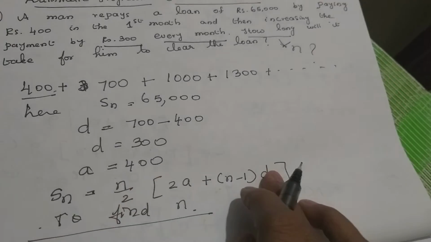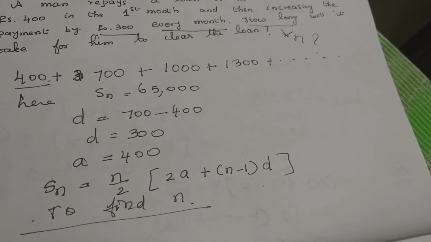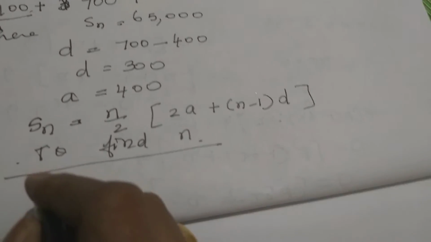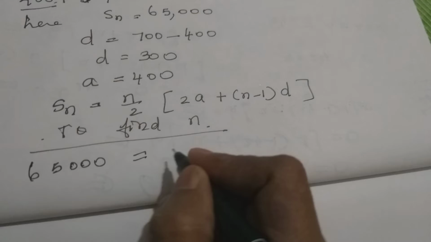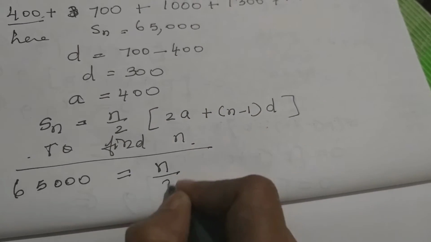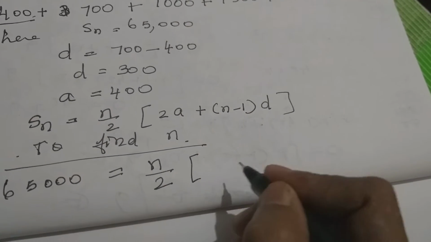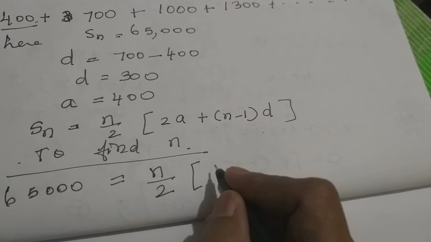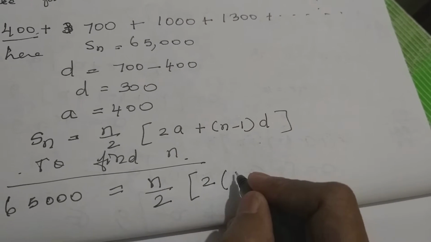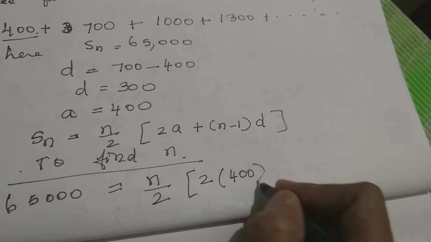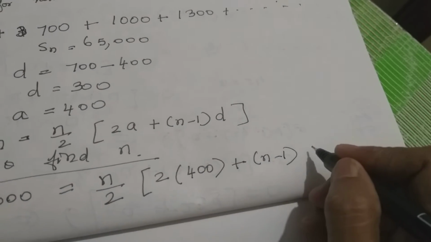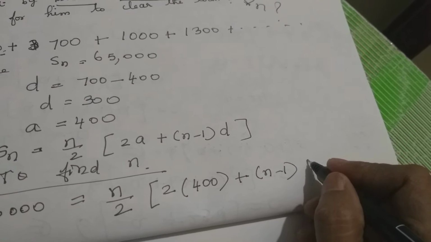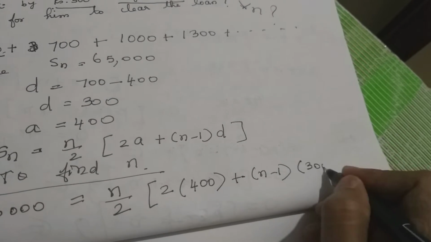Substitute the values: 65,000 is equal to n by 2, into 2 into 400, the first month payment, plus n minus 1, into d, the difference between months, which is 300.